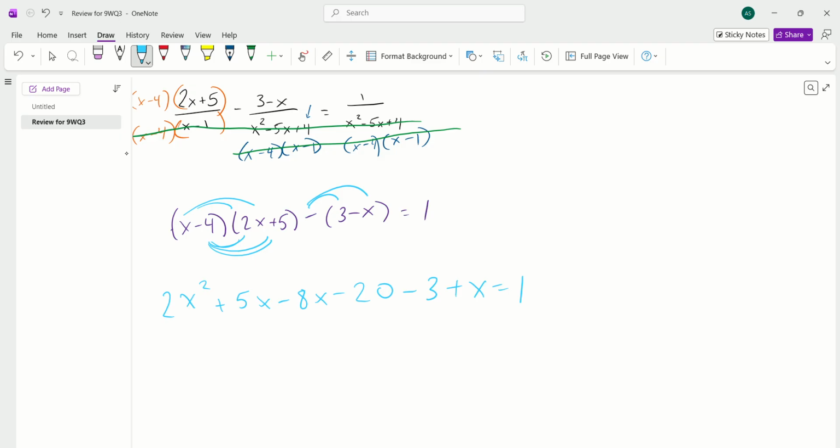Okay, big long equation. I'm going to shrink it by combining my like terms. And then, last but not least, I'm going to see that this is a quadratic equation. So it must equal 0.